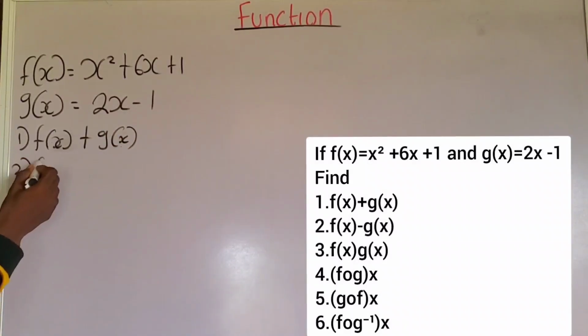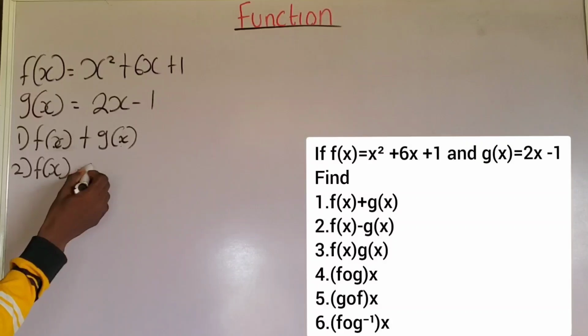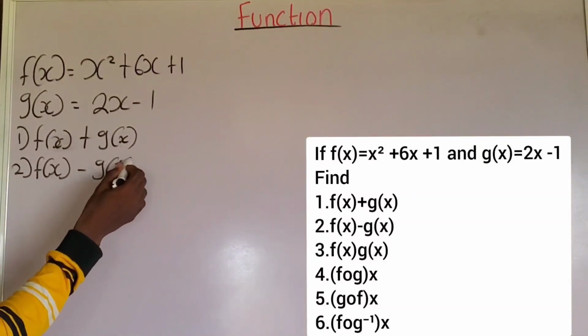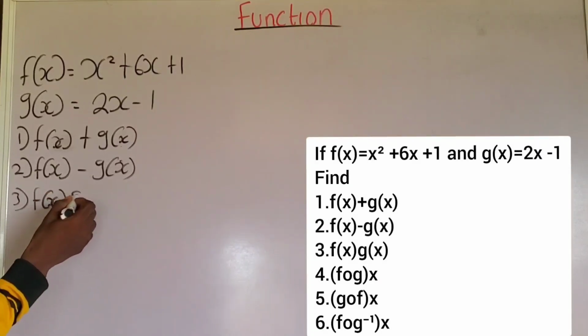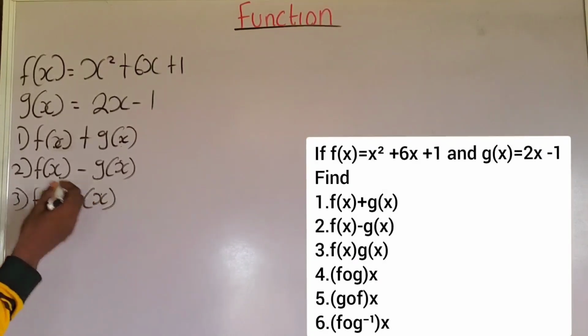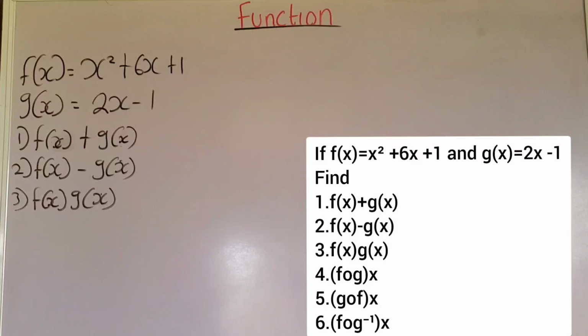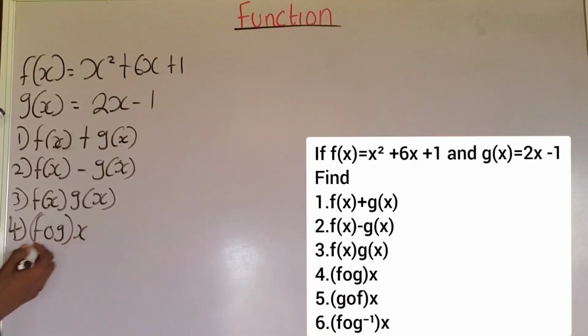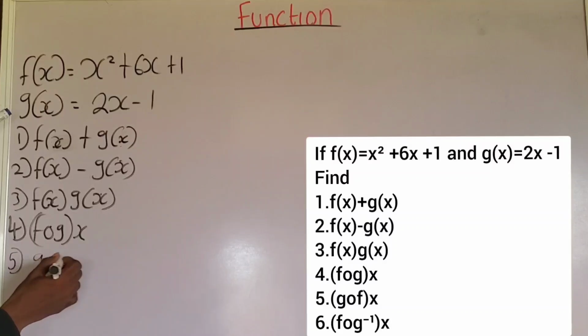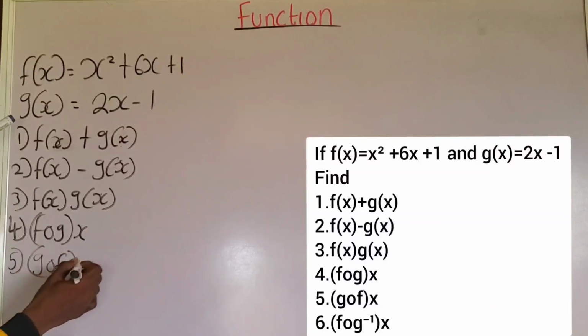Then 2, f(x) minus g(x). Then 3, we have f(x) times g(x). Then 4, we are asked to determine, please pay attention, f(g(x)). Then 5, we are asked to find g(f(x)).